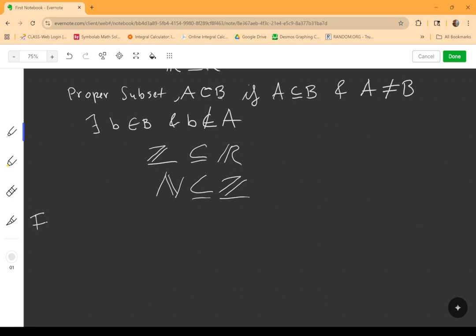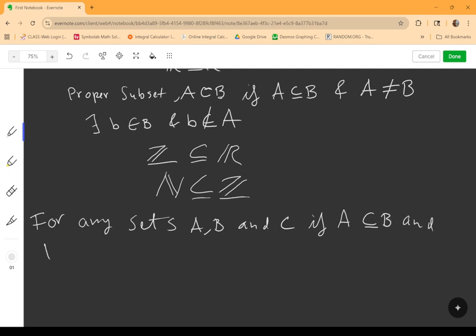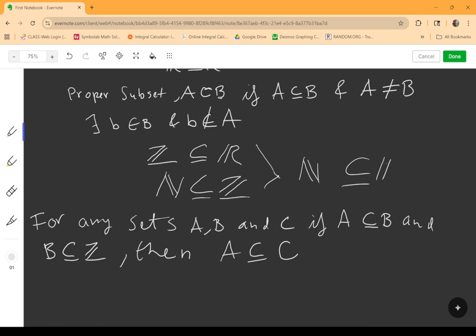Another property of sets is that for any sets A, B, and C, if A is a subset of B and B is a subset of C, then A is a subset of C. We can follow that around here: if the natural numbers are a subset of the integers, and the integers are a subset of the reals, then we can conclude from our definition that the naturals are a subset of the real numbers.